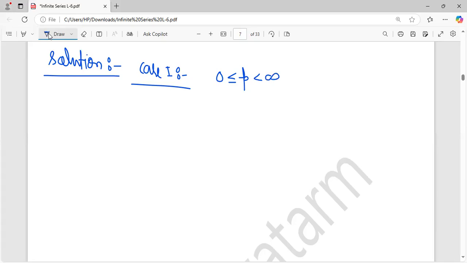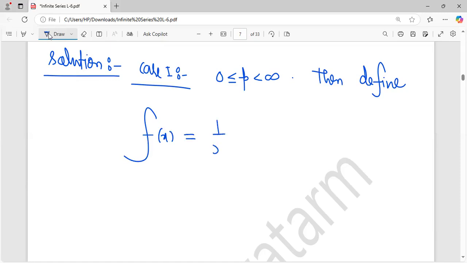Then define f(x) equal to 1 upon x to the power p.